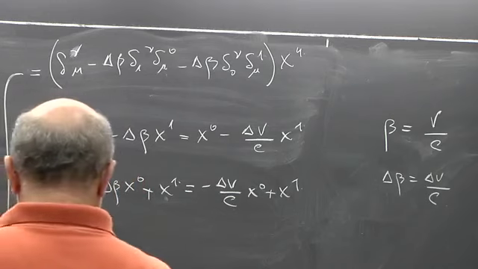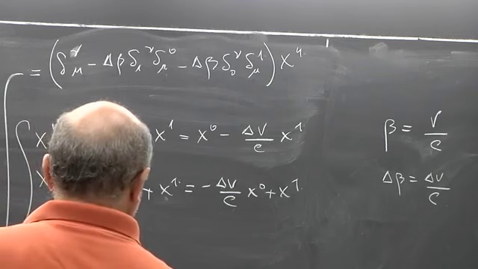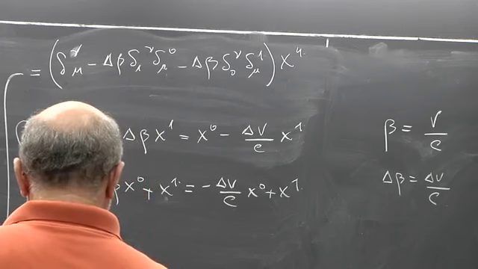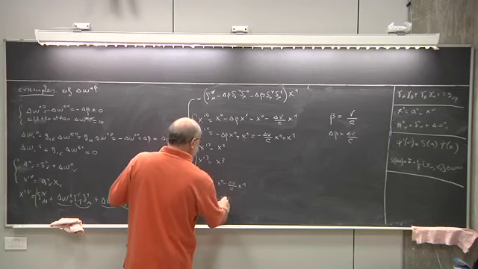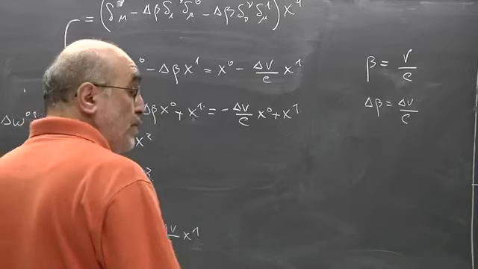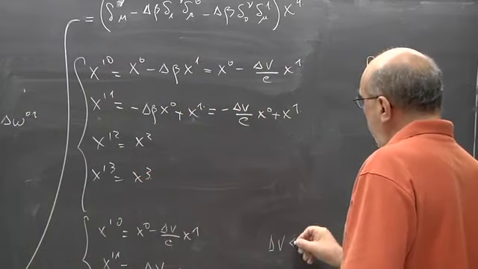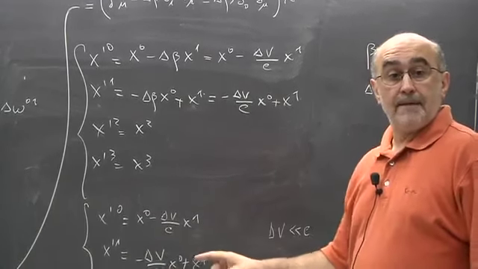This is x prime 0 equal x0 minus delta v over c x1, and this is x prime 1 equal minus delta v over c x0 plus x1. And this is a boost when delta v is very small, when delta v is much smaller than c. There is only the gamma missing.